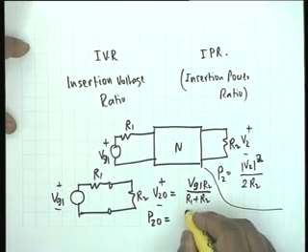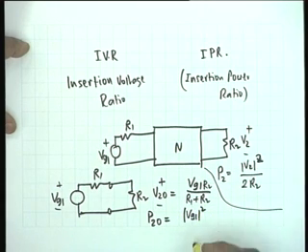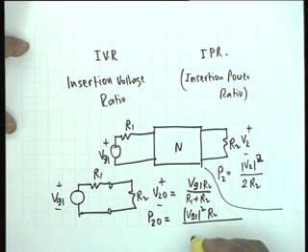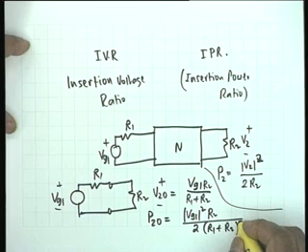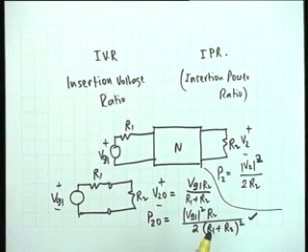Which means that Vg1² R2 divided by twice (R1 plus R2) whole square. Have I done it correctly? R2 cancels, one R2 cancels. Is that okay? We shall require this expression, so be careful whether this is correct or not.